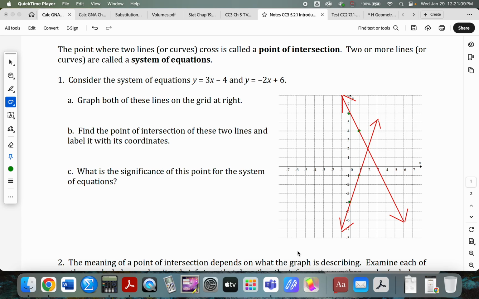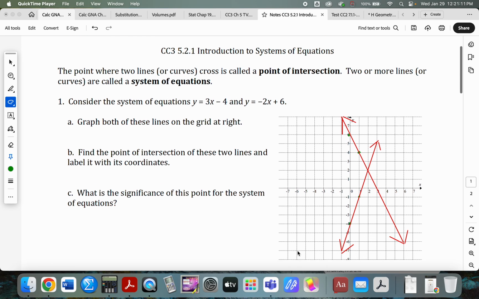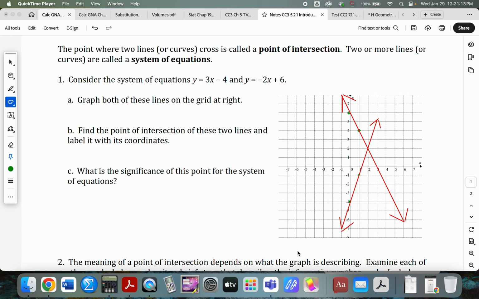So today we're going to start looking at something called systems of equations. The point where two lines or curves cross, and actually most books say cross, and I'm going to change this slightly because it's a bit of a misnomer.